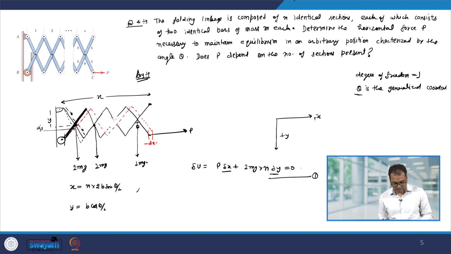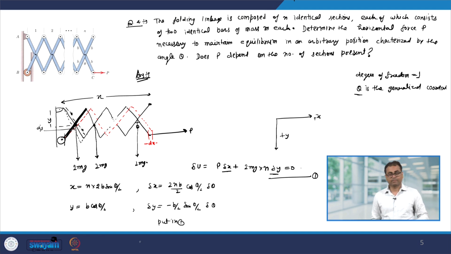So, from here I can see that delta x is 2 n b by 2 cos theta by 2 delta theta, and this gives me delta y equal to minus b by 2 sin theta by 2 d theta. Let us put that in equation number 1.